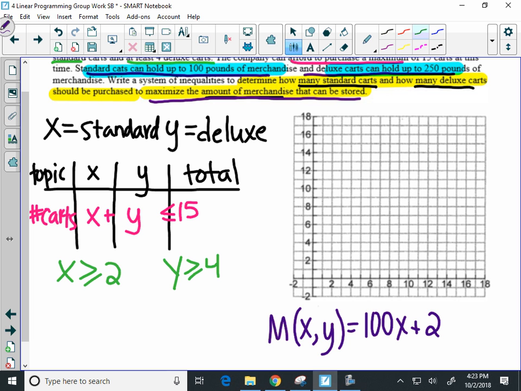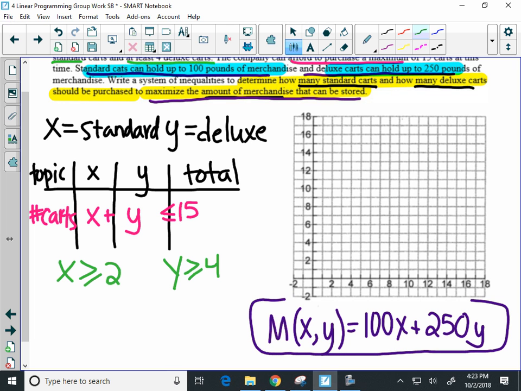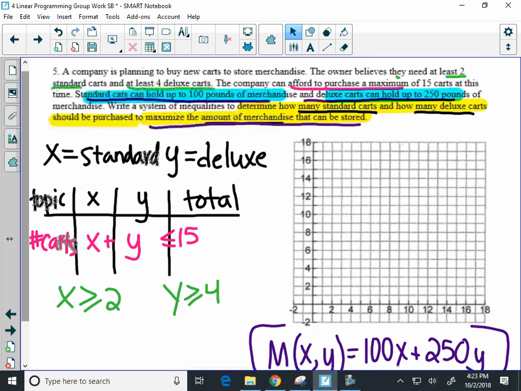So we'll do plus 250y. That is your maximizing function that we're going to come back to in a little bit once we graph our line. But notice, we have now used every single number in this situation, which means that you are ready to graph your lines.